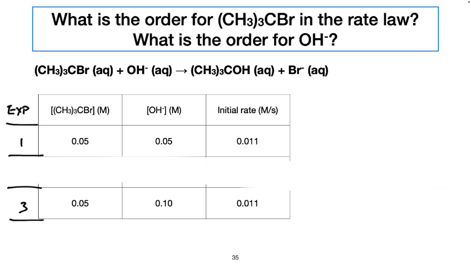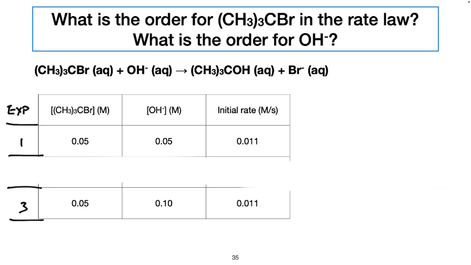Okay, so I could start left to right, because we read left to right. What happens to the concentration of (CH3)3CBr? Stays the same. What should happen to the rate? It should stay the same, right? Because I'm not changing that one, the rate shouldn't change. What happens to the hydroxide? It doubles. So we could quantify it, which will become relevant later, or we just say it increases. Okay? So if we say it increases, what should happen to the rate? It should increase, right?